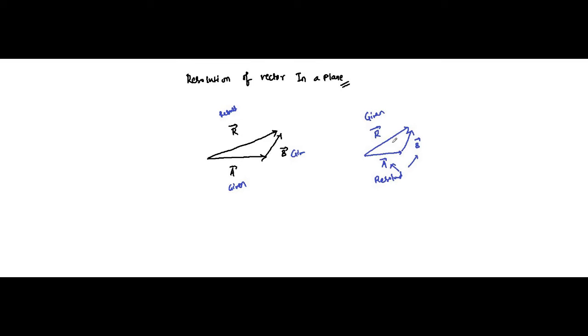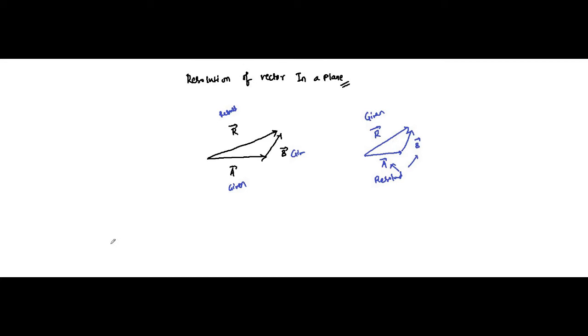So this process of splitting a single vector into two or more vectors, such that their magnitude and direction are such that their sum or the resultant gives us the original vector. So we can do it in different ways.